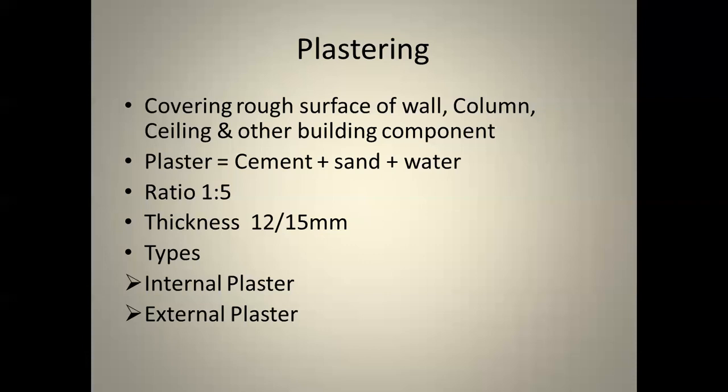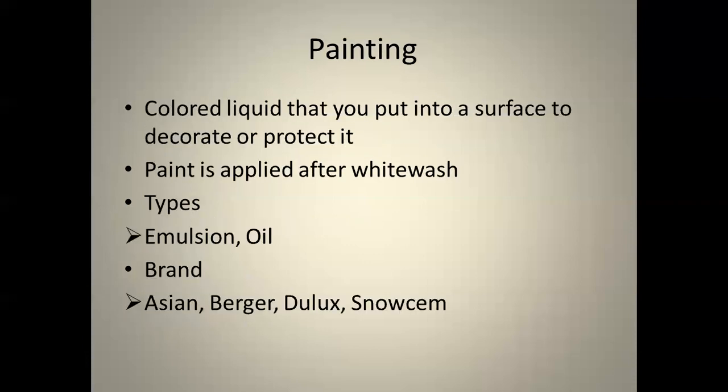That should be compulsorily provided in the external plaster, and this can also be used in the compound wall. Where we have the pillars in the compound wall, we have to provide the groove for the pillar line and the wall so that it can resist the cracking.